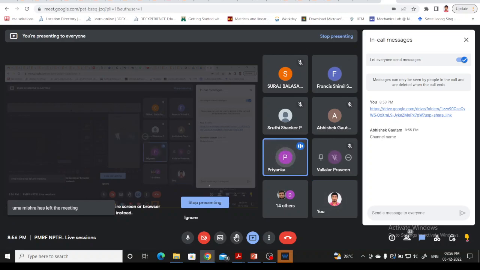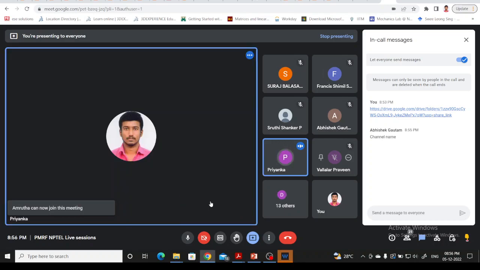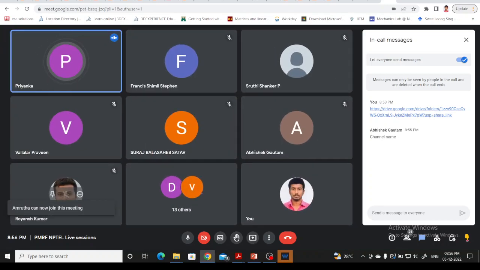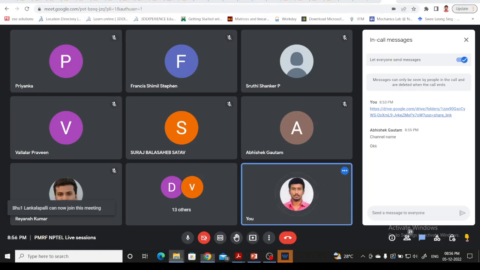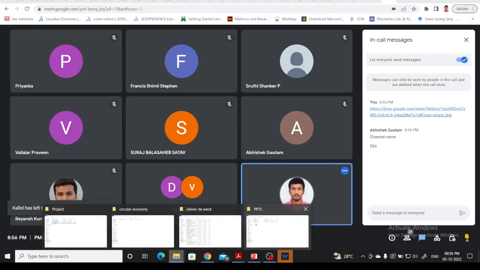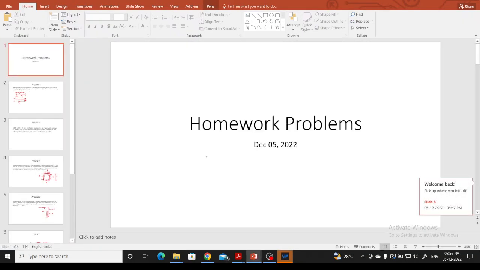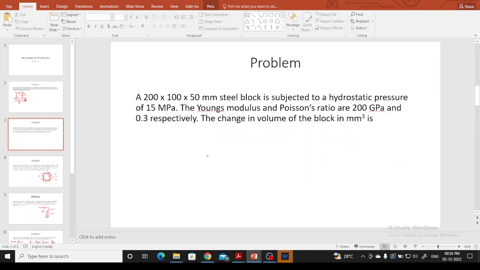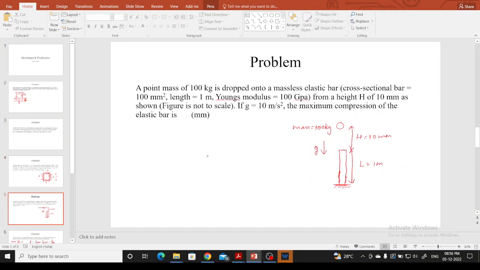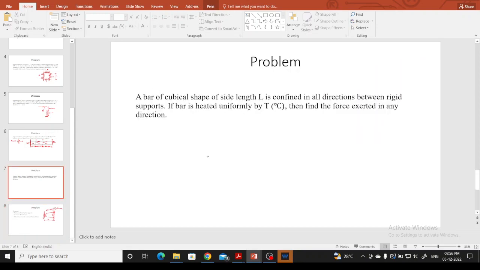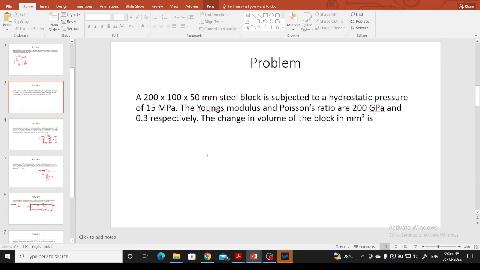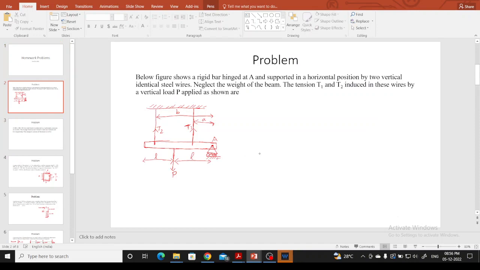Sir, in the homework problems, some pictures are not there. It says "below figure", but there is no figure. Which question exactly? In the first problem, you are asking, right?